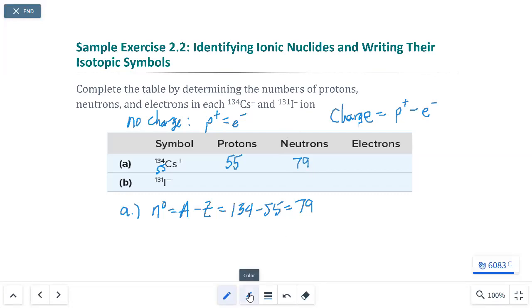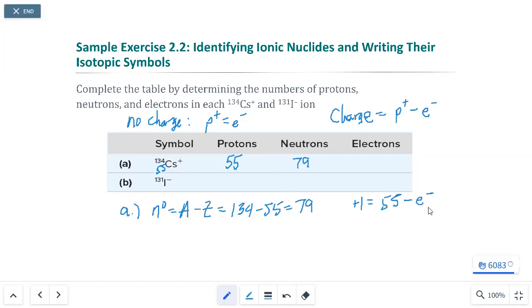Now for electrons, since I have a charge, my charge here is positive 1. I'm going to need to do a little bit of algebra here to figure this out.